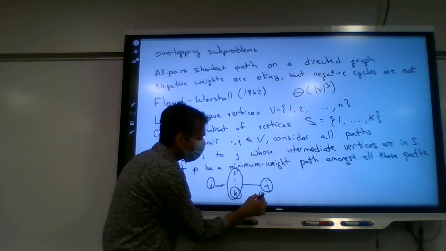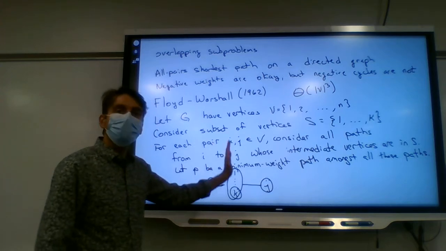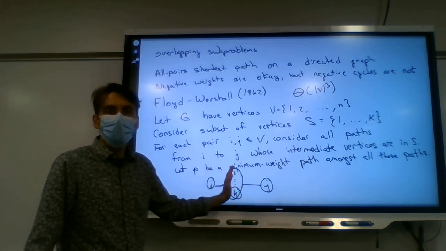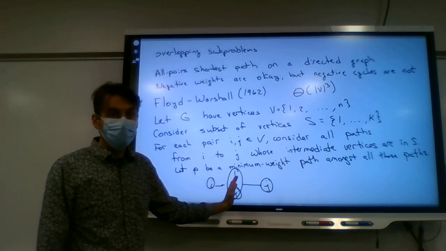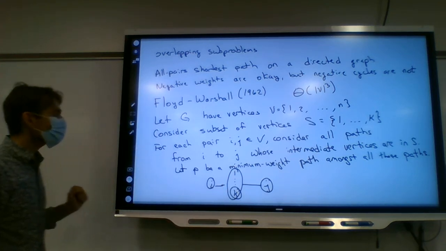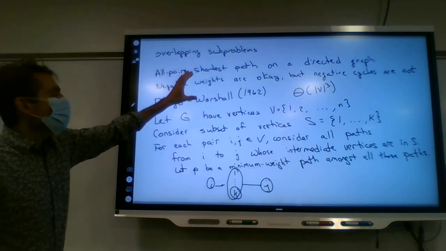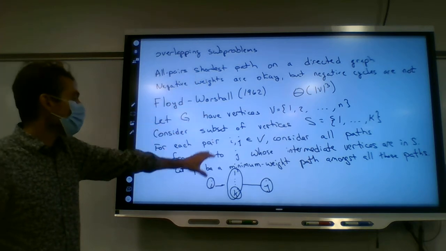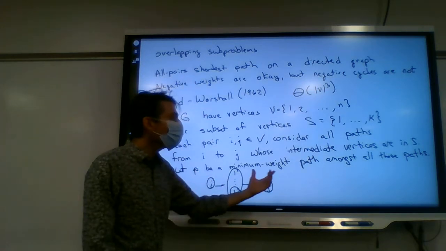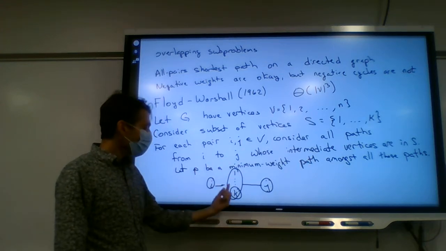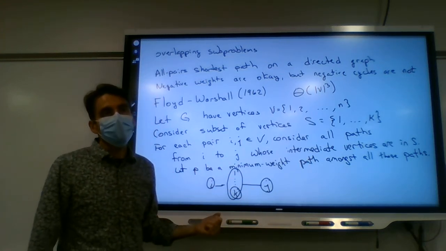All right, so we're only looking at the potential paths that go through only some or all of these vertices. Okay. This path P, that's a minimum weight path, which we don't know what it is yet, but if we had one, it would either include k or not.